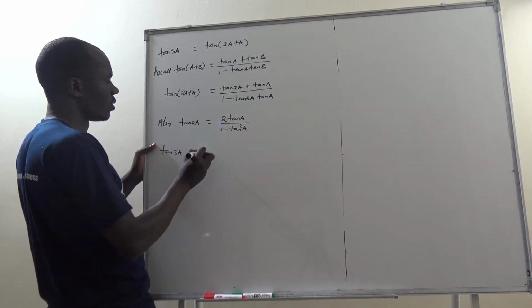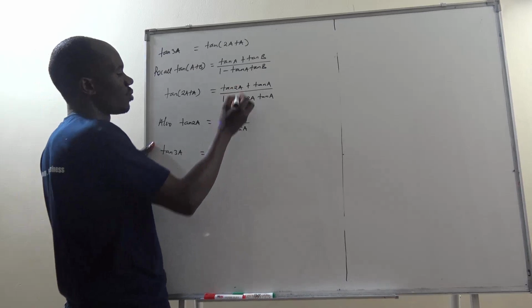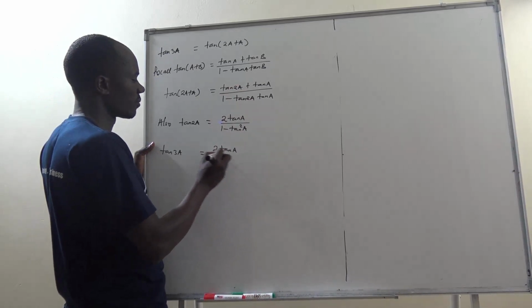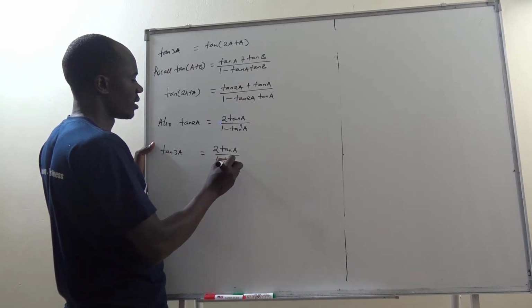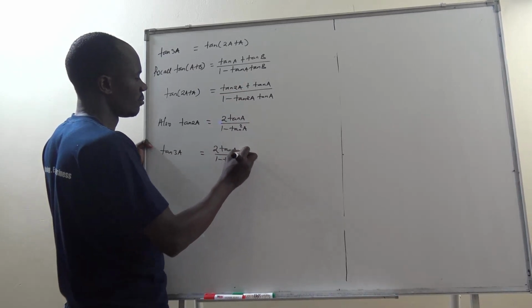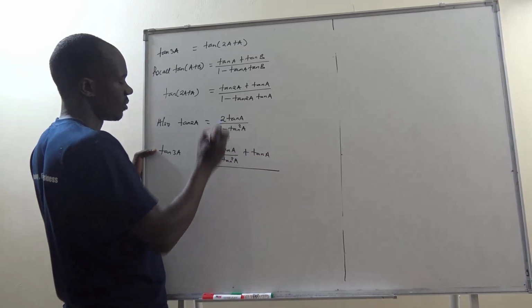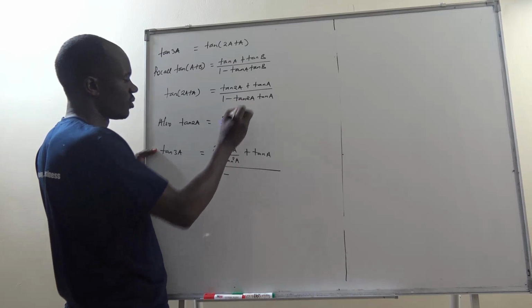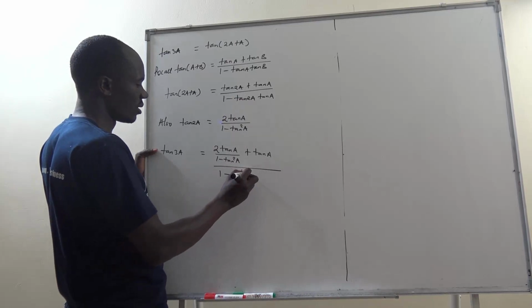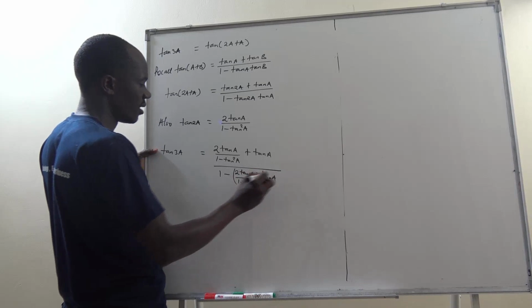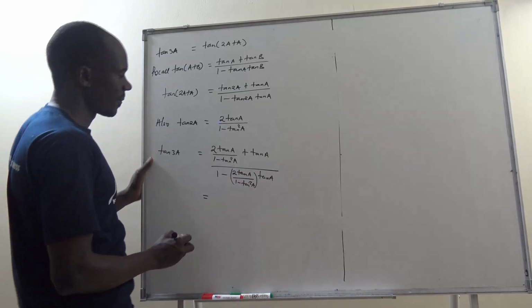Tan 3a equals, where I see a 2a, I bring this identity: 2 tan a all over 1 minus tan squared a, plus tan a, all over 1 minus, where you see tan 2a, again 2 tan a out of 1 minus tan squared a, then tan a.